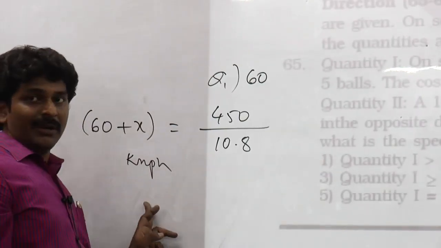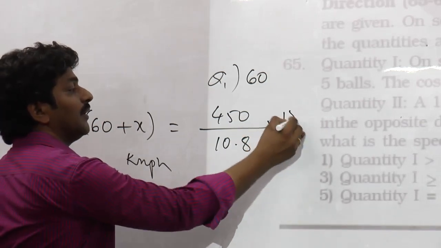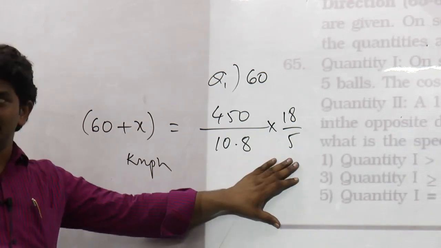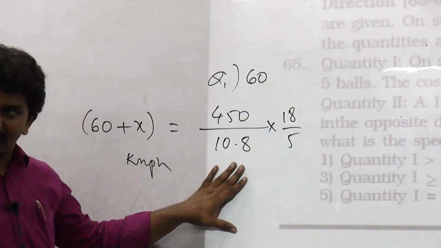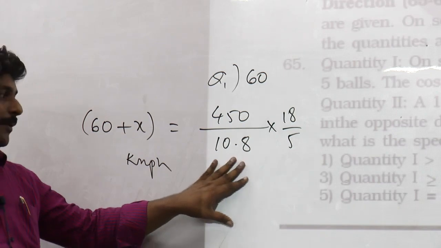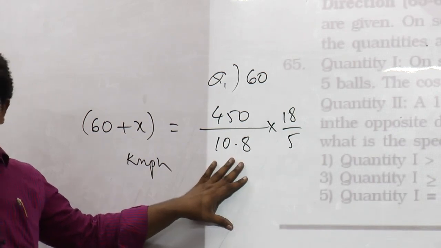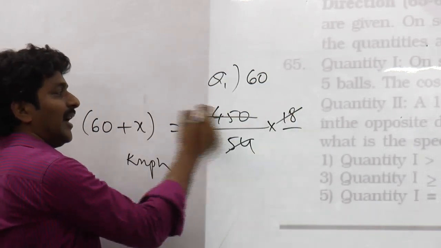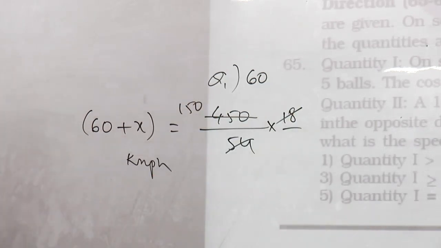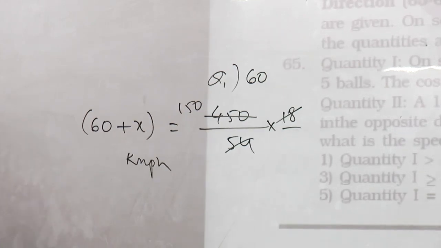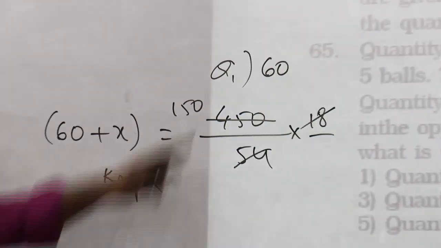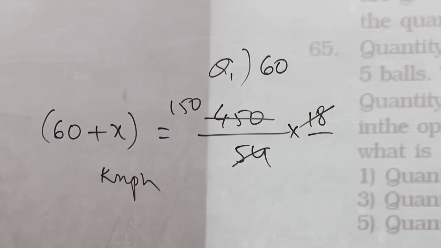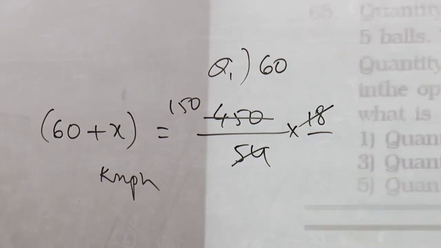You need to convert it to kilometers per hour by multiplying by 18 by 5. 10.8 5 times. 10.8 10 times is 108, make it half, 54. 18 3 times and this is 150. 60 plus x is equal to 150, x is equal to 90. Quantity 1 is less than quantity 2.